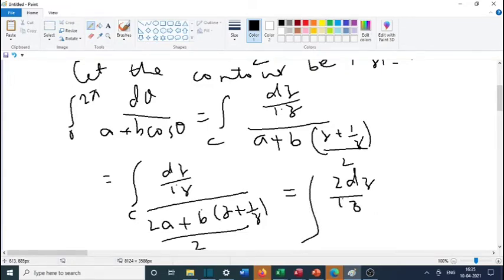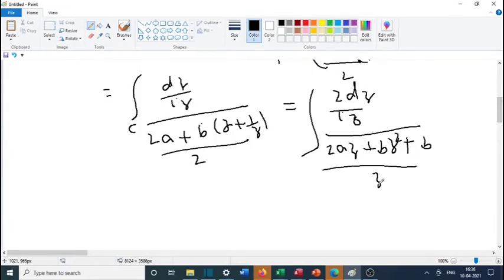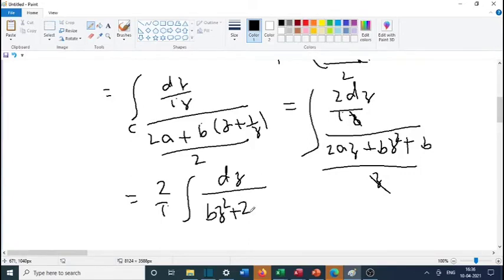Now here for the z term, taking the LCM, this is 2az plus bz square plus b, all divided by z. Here we can cancel this z, so we can take out the constant 2 by i, and we get dz by bz square plus 2az plus b.